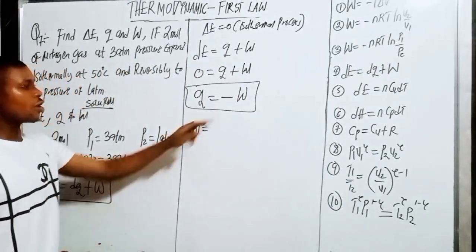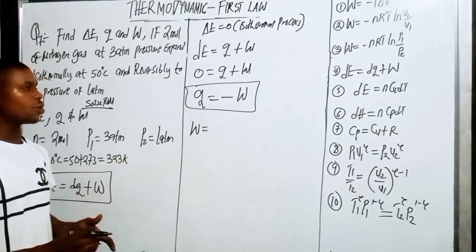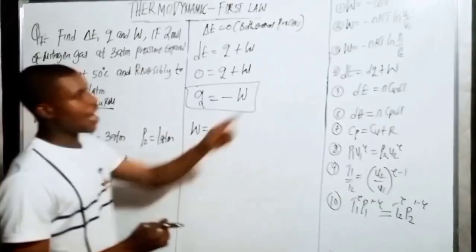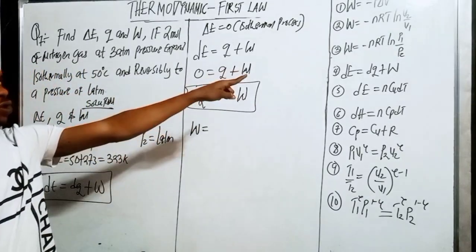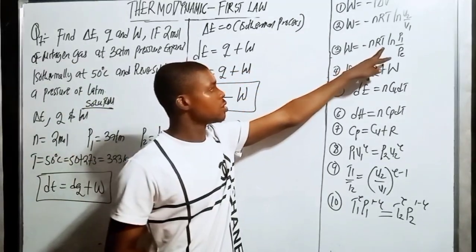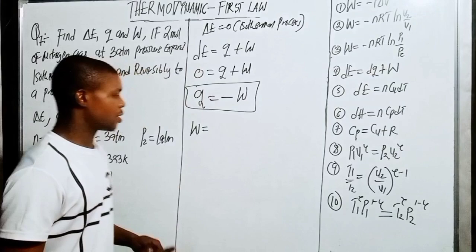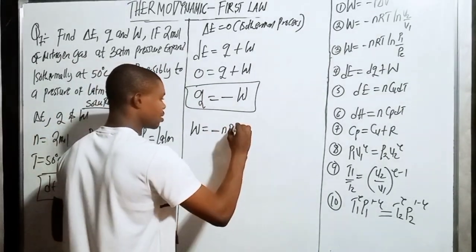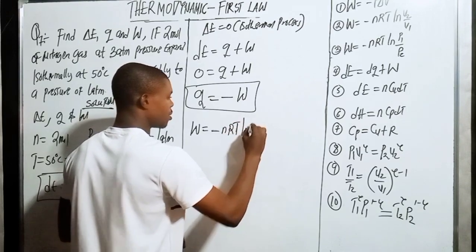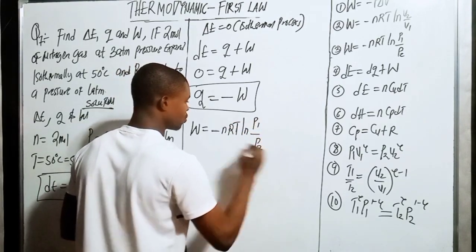Because if you can get your work done, you have already got your heat. So in isothermal reversible expansion, given pressure, temperature, and moles, you are going to use this: W equals minus nRT ln P1 over P2, right?